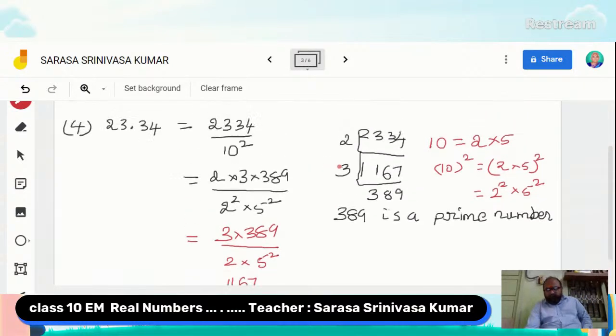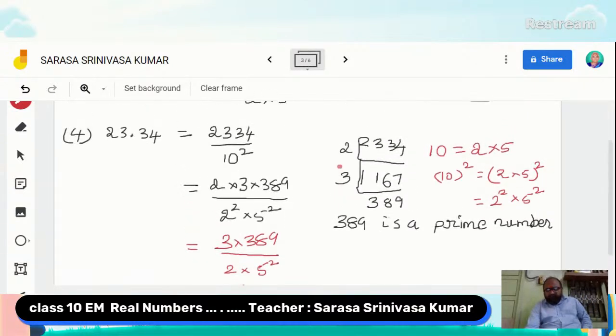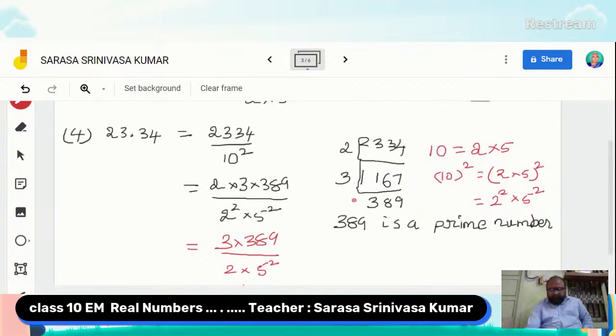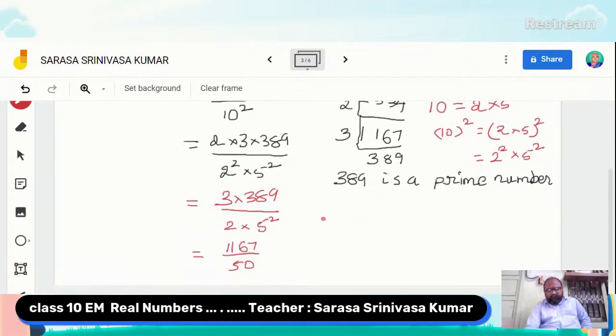So we have found the prime factors for 2334. The prime factors for 2334 are 2 multiplied by 3 multiplied by 389. And 10 can be written as the product of 2 and 5. Therefore, 10 square equal to 2 multiplied by 5 whole square. That equal to 2 square multiplied by 5 square.